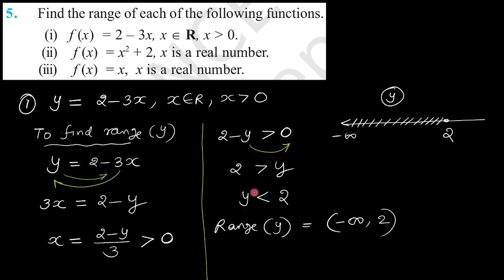If a number is not to be included, this round bracket is used. This bracket means that the number 2 is not included. Otherwise, if 2 has to be included, the square bracket is used.